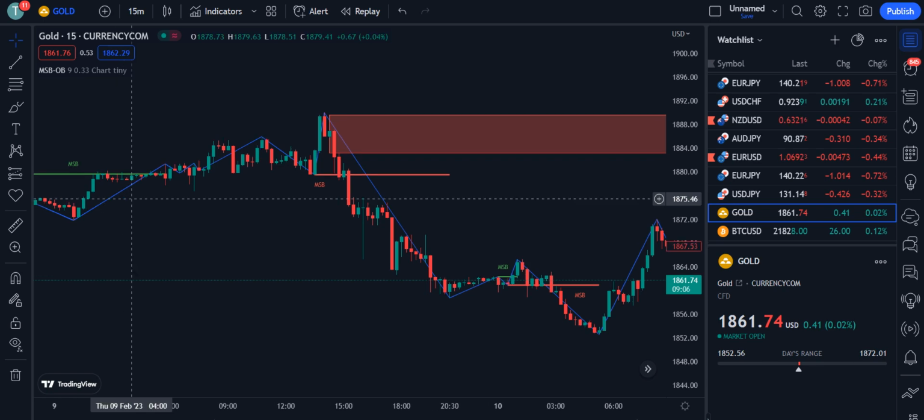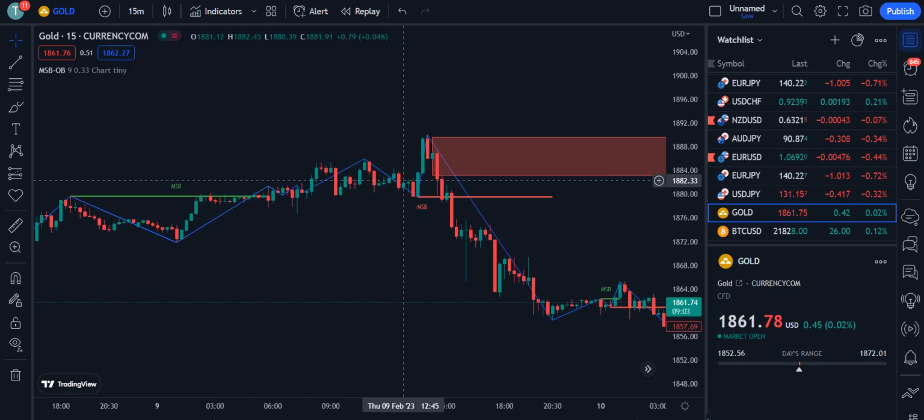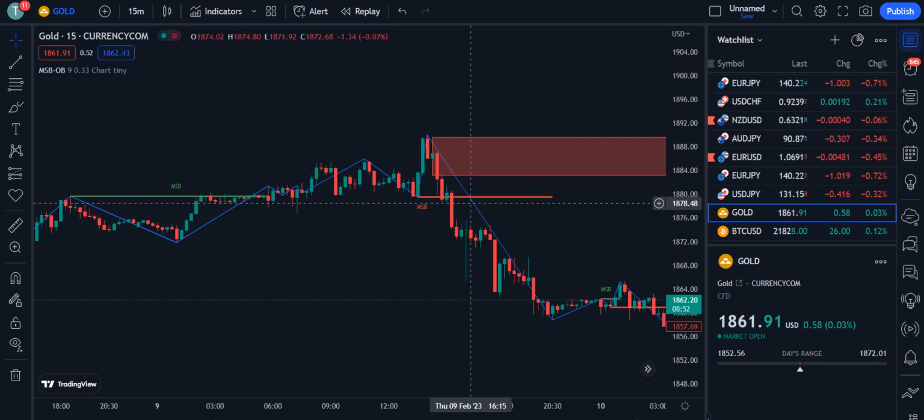As you can see, this indicator has been applied on our chart. You can see a few zigzag lines, and here is the market structure break as a green line, and this is the red line market structure break. This is the bullish market structure break, and this is the bearish one.